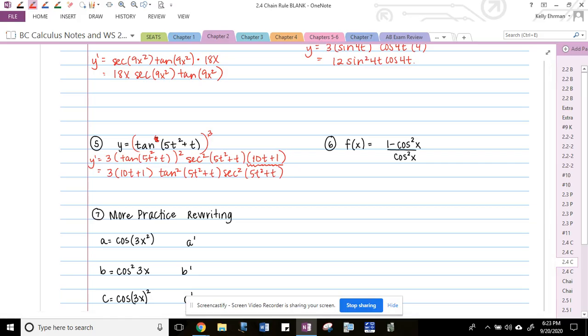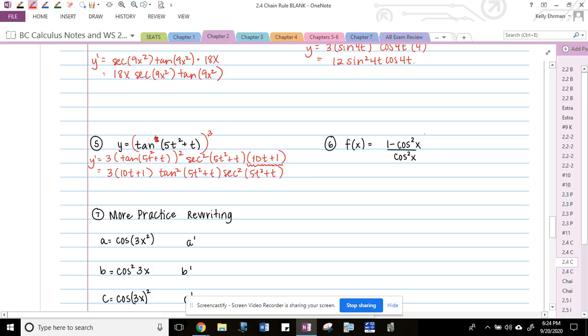And before you dive into number 6, don't do quotient rule if you're just dividing by a single term. There are 2 things I could do. 1 over cosine is secant squared. Cosine squared over cosine squared is 1. So this is secant squared minus 1.